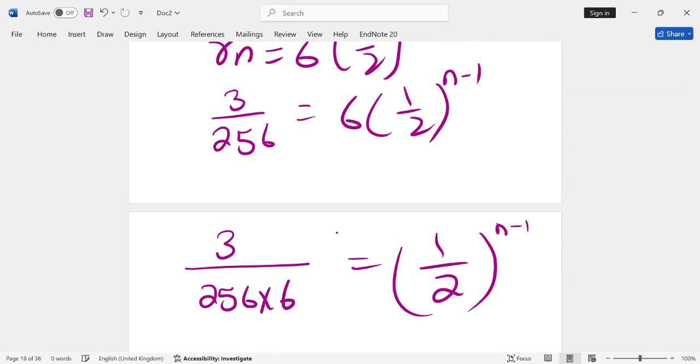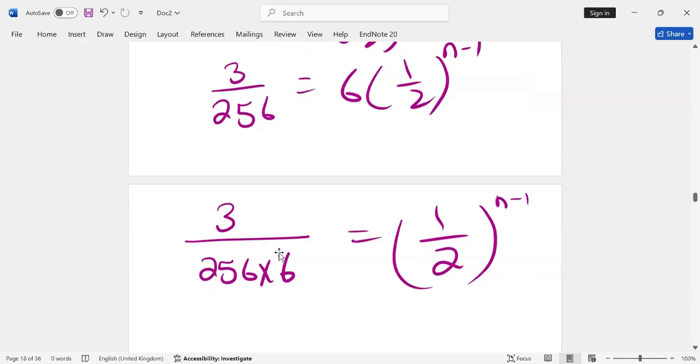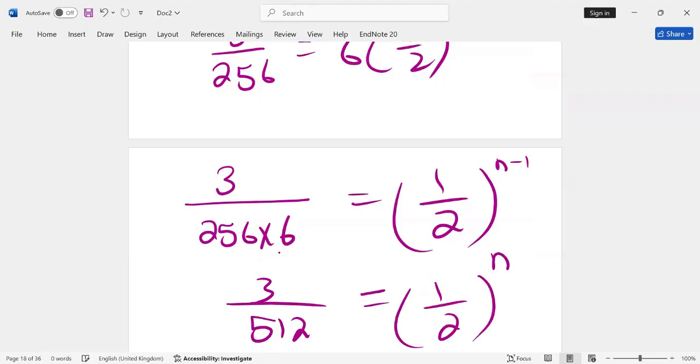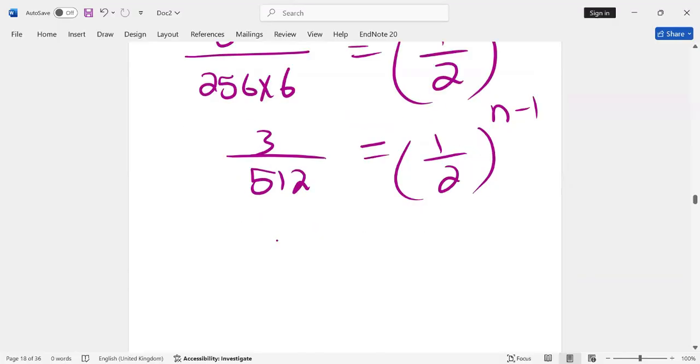All right. So since 512 is equal to 2 power of 9, if you multiply this, we have 1 by 512 equals 1 by 2 power of n minus 1. So I'm just going to convert this to 1 by 2.